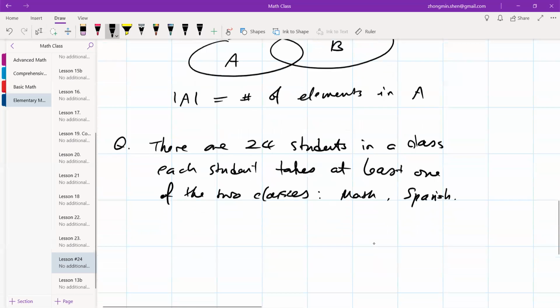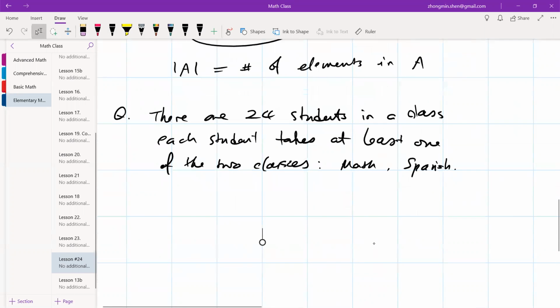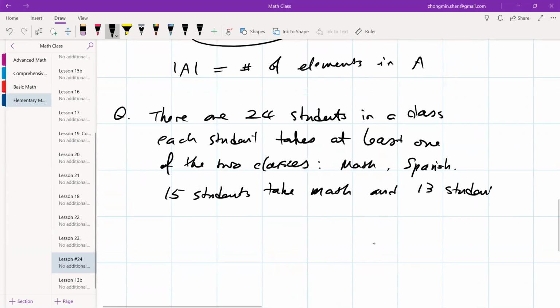Some students may take both. We know that 15 students take math, and 13 students take the Spanish course. My question is, how many students take both courses?